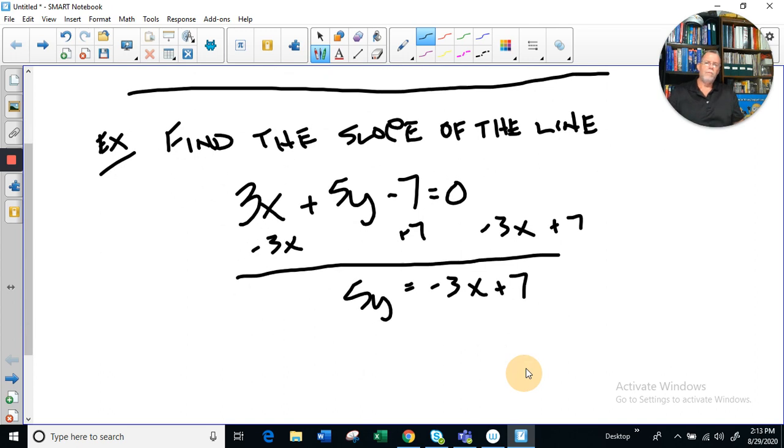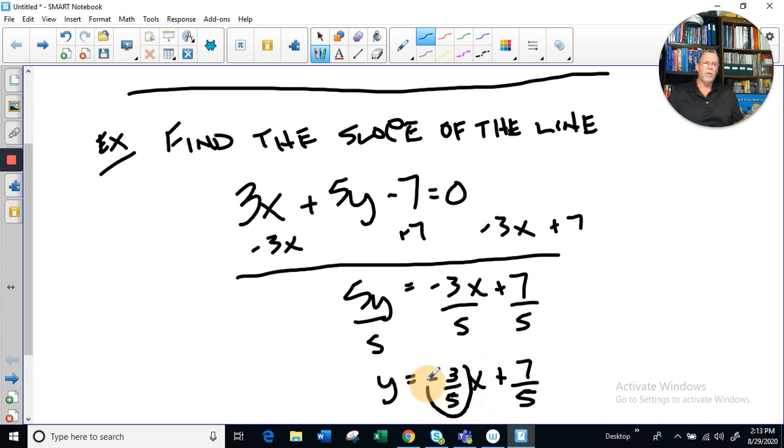And then I would have to divide everything by 5. And I would get y equals negative 3/5 x plus 7/5. So I can see right now that I could answer this question: the slope is negative 3/5. So this takes a little bit of work. This takes a few steps, not too bad, but it's a few steps.